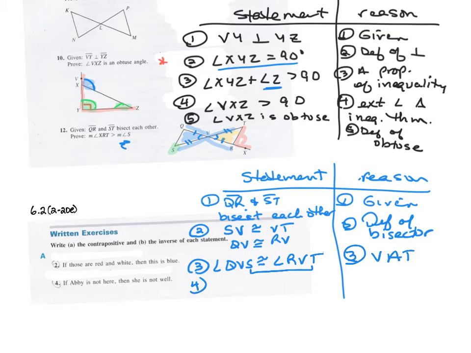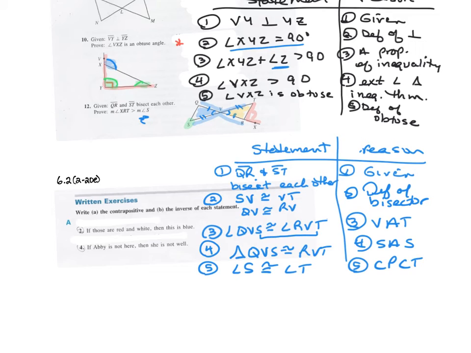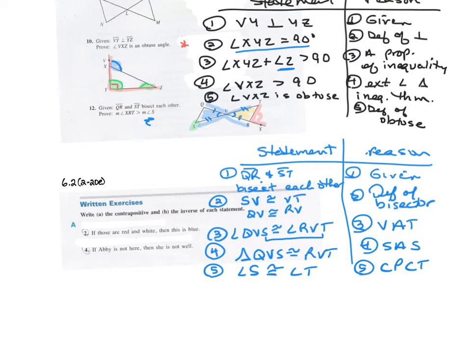Now I can state that the two triangles, the blue and the yellow, are congruent. So I can state that triangle QVS is congruent to RVT, and my reason here is side angle side. Next, I need to establish that angle S is congruent to angle T, and once I've proven two triangles congruent, I can use corresponding parts of congruent triangles are congruent, CPCTC. And now I'm going to bring in the exterior angle inequality theorem.